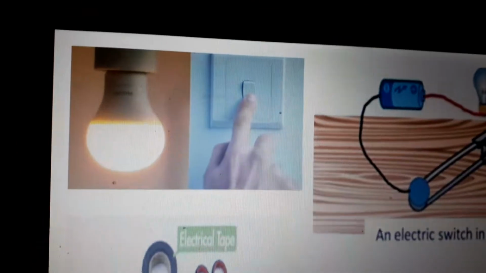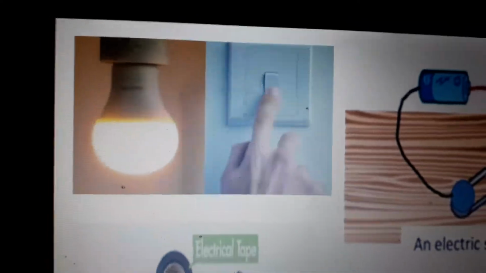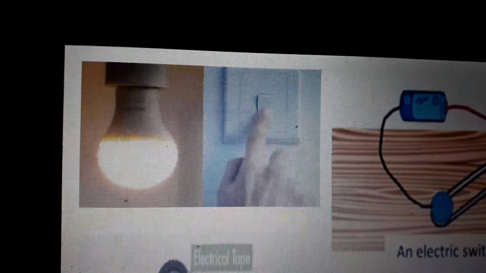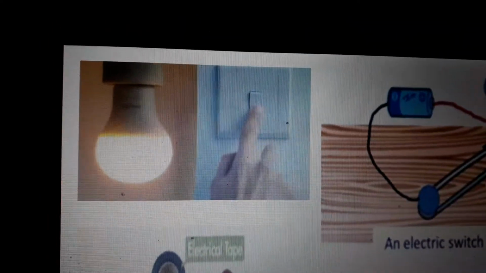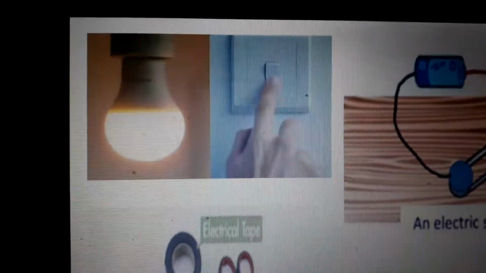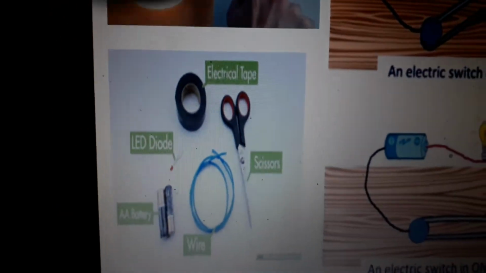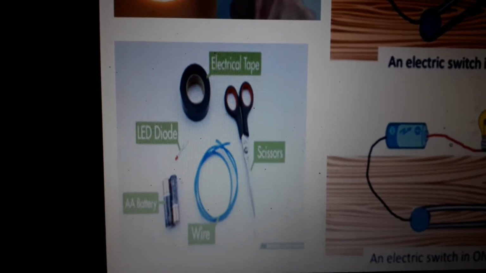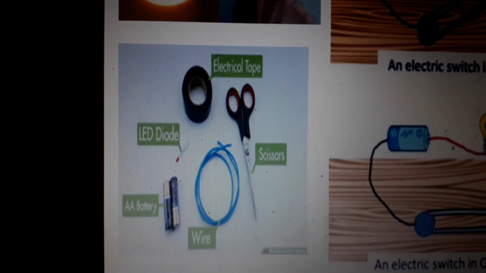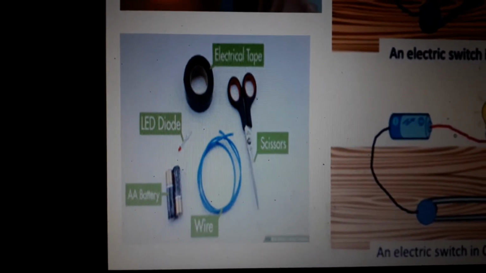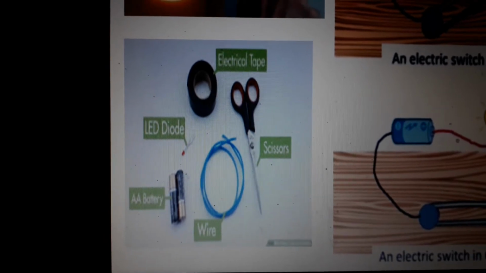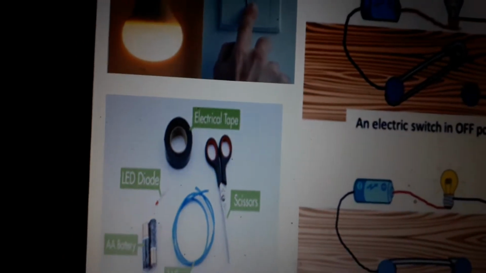This is another experiment. A friend of yours wanted to see how the switch in his room works. So he brought all the things he needed, like scissors, wire, pin, tape, and everything.